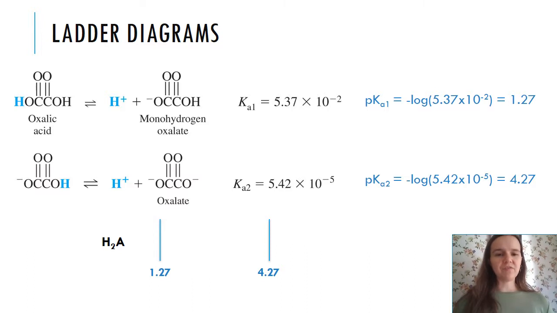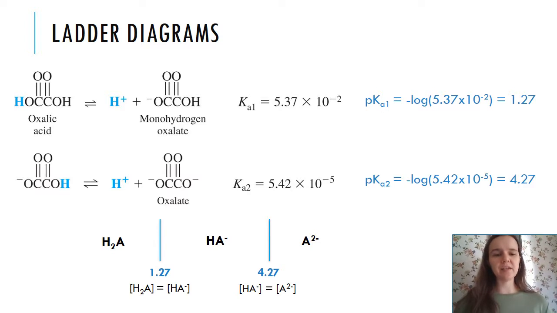If you happen to be at a pH of 3, then you have formed monohydrogen oxalate, and that's the main compound present. And if you're at a pH even more basic than pKa2, say a pH of 6, anything above 4.27, then most of it is present as oxalate, the fully basic form.